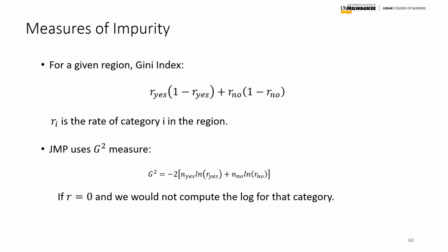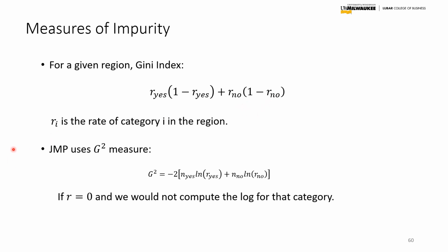For example, in some software, impurity is measured by something called the Gini index, which is the rate of yeses in a given region times 1 minus the rate of yeses, plus the rate of no's in the region times 1 minus the rate of no's.